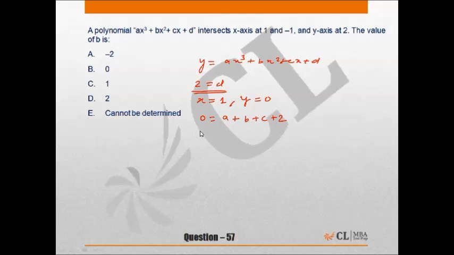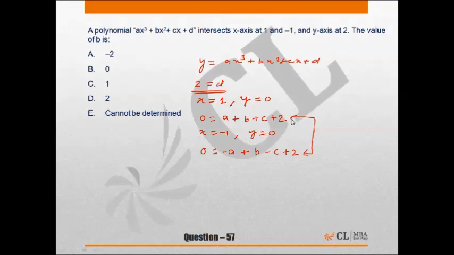Now when x equals -1, again y will be 0. In that case 0 will be equal to a into -1 cube, which means minus a, plus b into 1 square, which means b, similarly minus c plus 2.